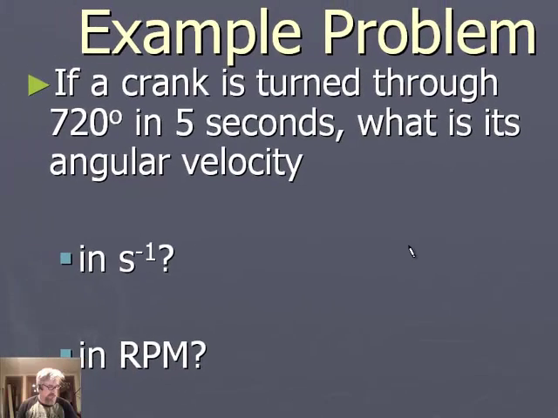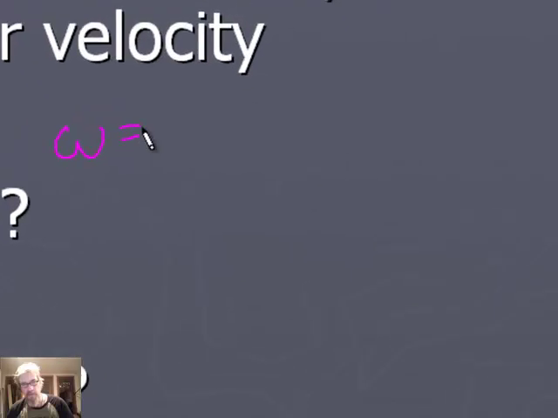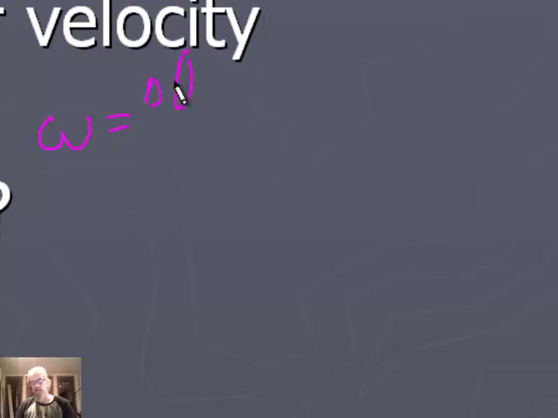Well, here's an example problem. Question is, if a crank is turned through 720 degrees in 5 seconds, what's the angular velocity? Well, angular velocity, omega, is defined as the change in angle over the change in time. So the change in angle is 720 degrees, and the change in time is 5 seconds. We're supposed to specify this in two different units.